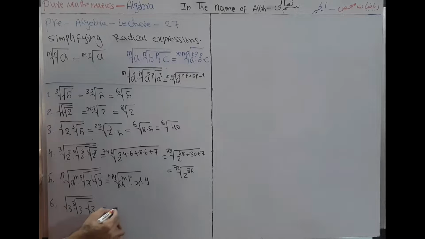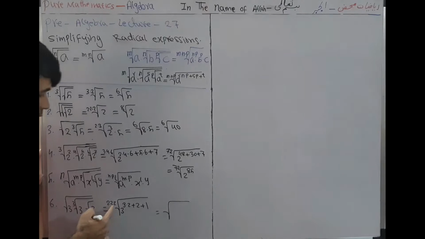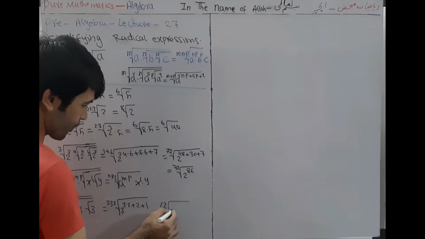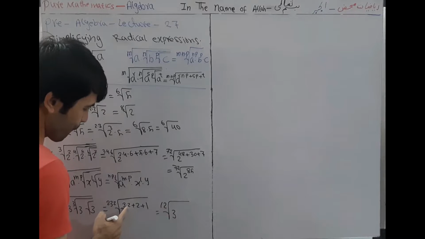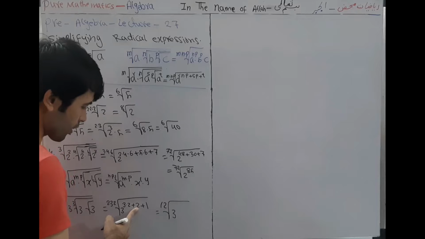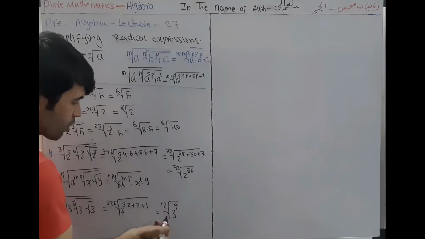It is equal to square root of 2 multiplied by 3 by 2. 2 multiplied by 3 by 2. 3 to the power 3 multiplied by 2 plus 3 to the power 2 plus 1. It is equal to 2 multiplied by 3, 6. 6 multiplied by 2, 12. 3 to the power 3 multiplied by 2, 6. 6 plus 2, 8. 8 plus 1, 9.